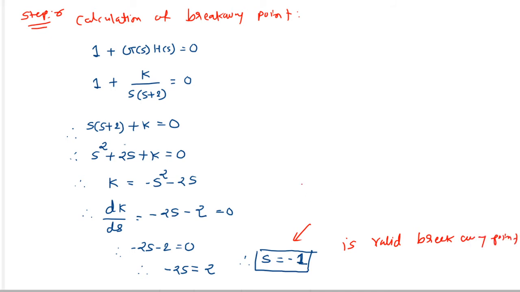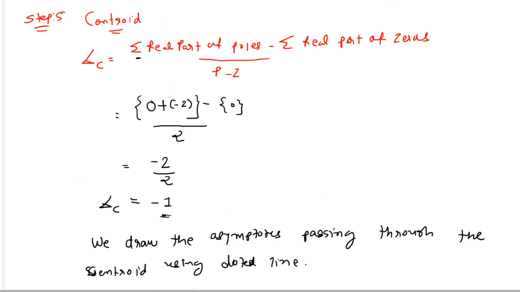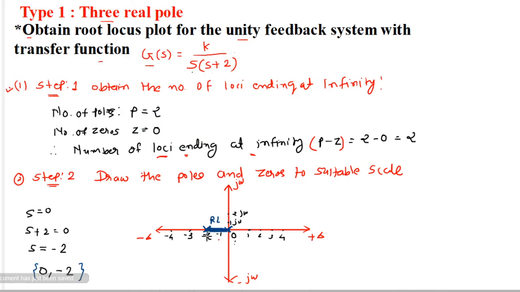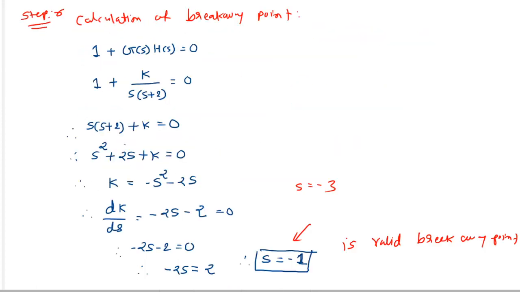If s equal to minus 3 came here, it would not lie in this portion, so it would not be valid. But in our case s equal to minus 1 comes, so that is a valid breakaway point.